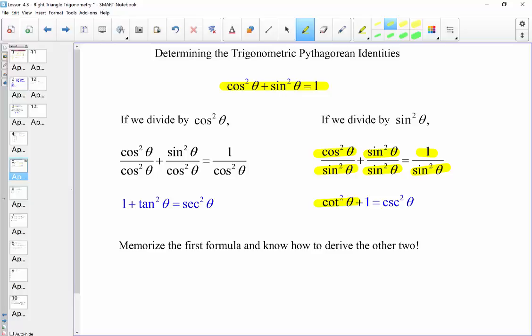Sine squared theta over sine squared theta equals 1. And 1 over sine squared theta equals cosecant squared theta. So again, if you know the first and main trigonometric Pythagorean identity, you can easily derive the other two. So I strongly recommend that you memorize the first formula and know how to derive the other two.